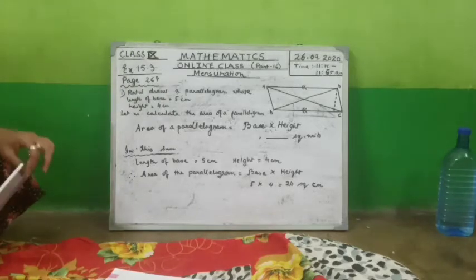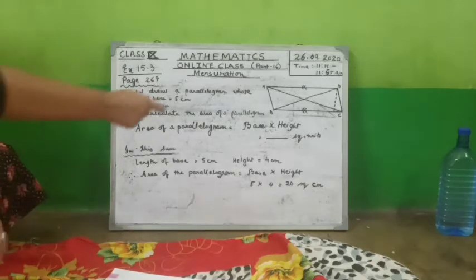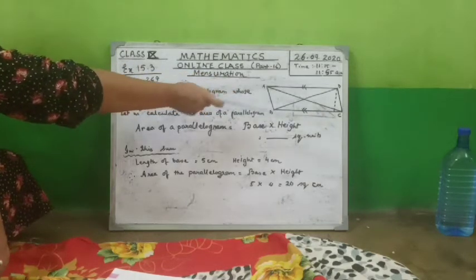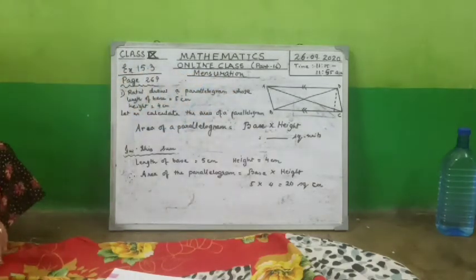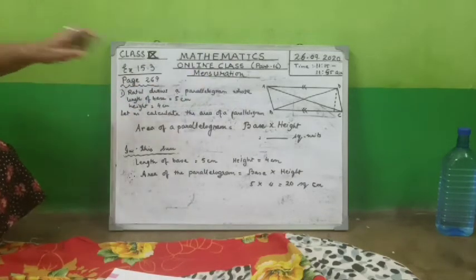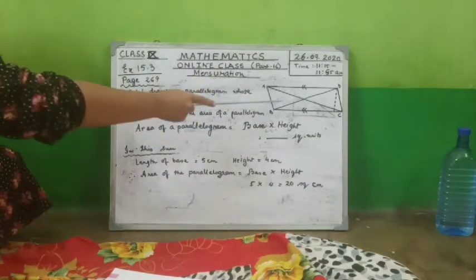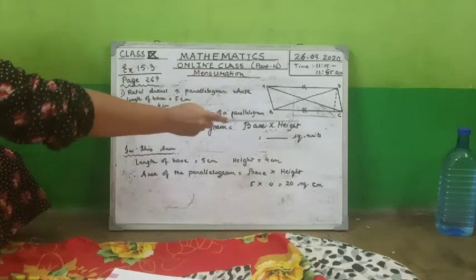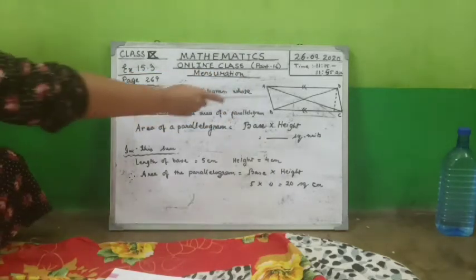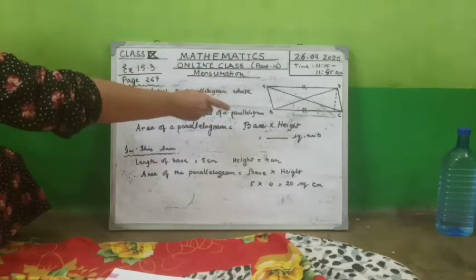Now, children, you know when there are two transversal lines, and what is a parallel line? A parallel line is a line which is not joining. Here we see there are two parallel lines AD and BC, and this sign signifies that these two lines are parallel.